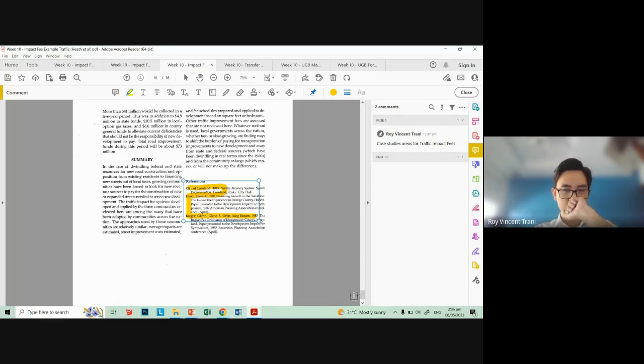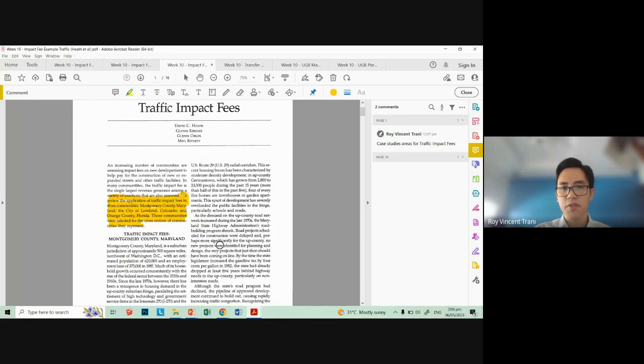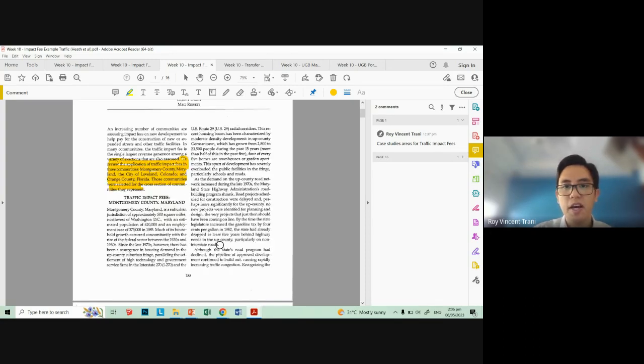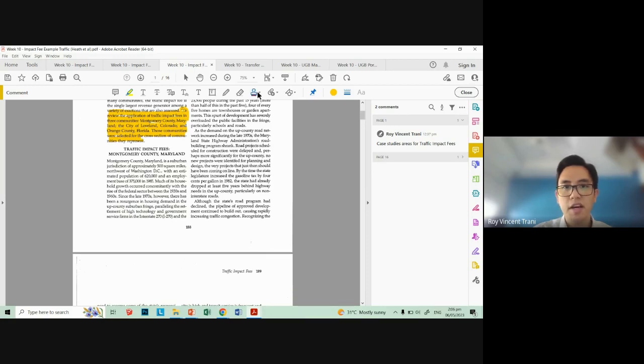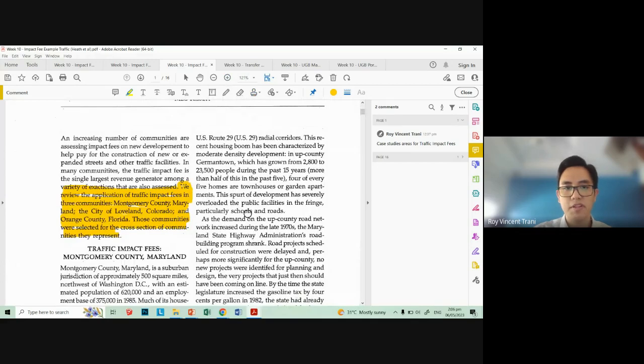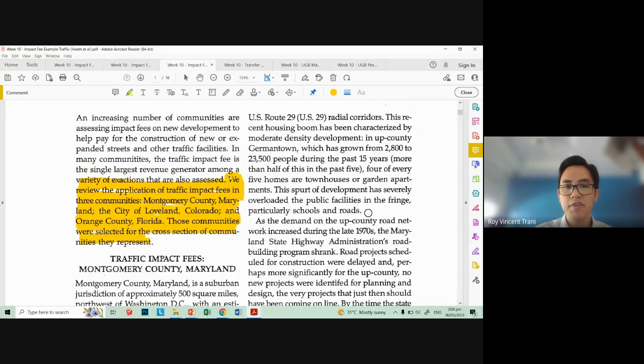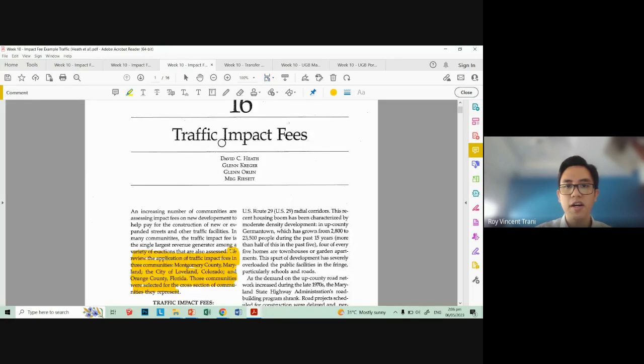But the good thing about this document is that it shows you three clear examples: Montgomery County in Maryland, the city of Loveland in Colorado, and Orange County in Florida. So this might be useful for anyone doing traffic studies, or looking at the process to fund public infrastructure with regards to traffic impact fees.